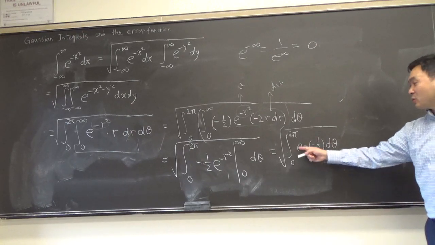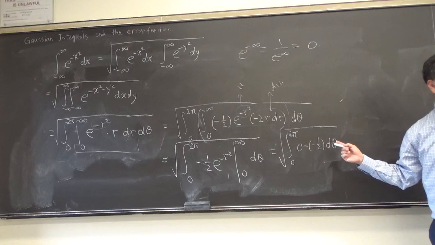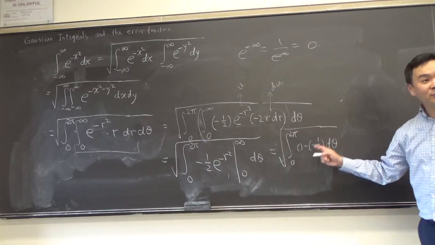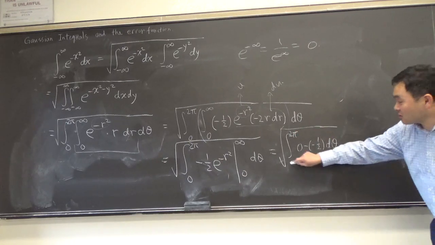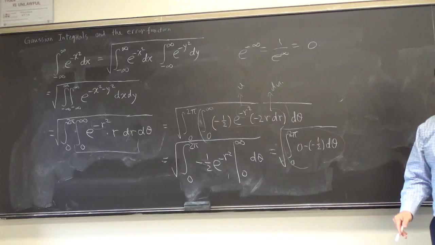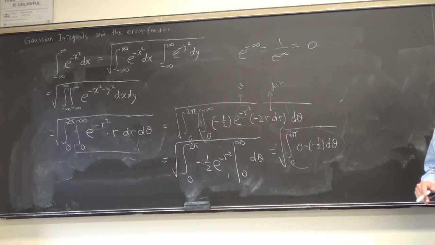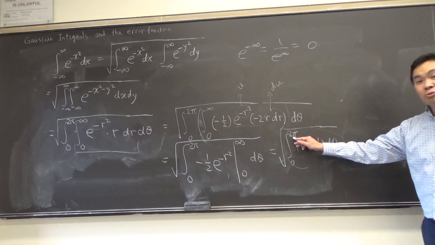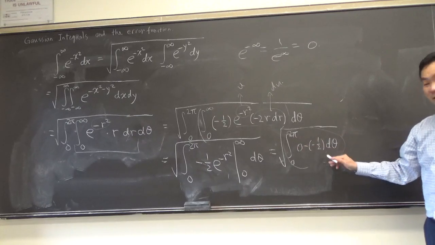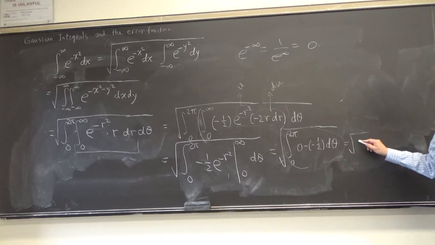If you integrate 1/2, you get 1/2 theta, and you plug in 2 pi and 0. What do you get as the integral of this? Pi. Because this gives you 2 pi, but then 1/2 is multiplied, so you get pi. So the square root of pi is the final answer.